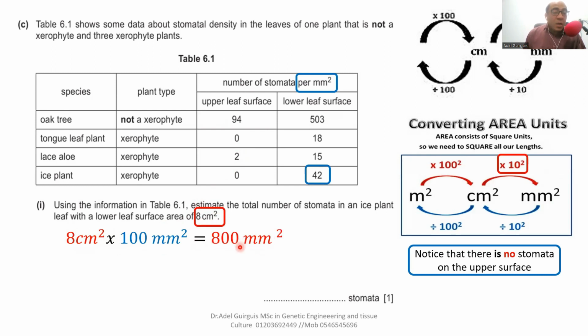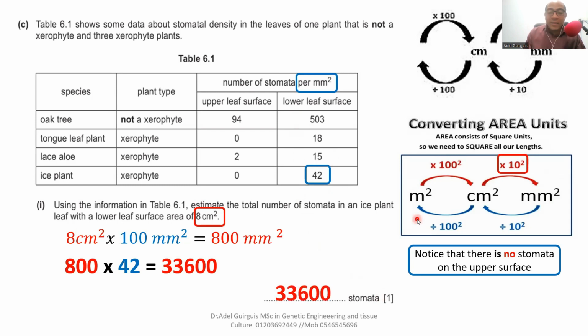In each squared millimeter we found 42 stomata, so the total number of stomata equals 800 times 42, which equals 33,600 stomata. Is it okay?